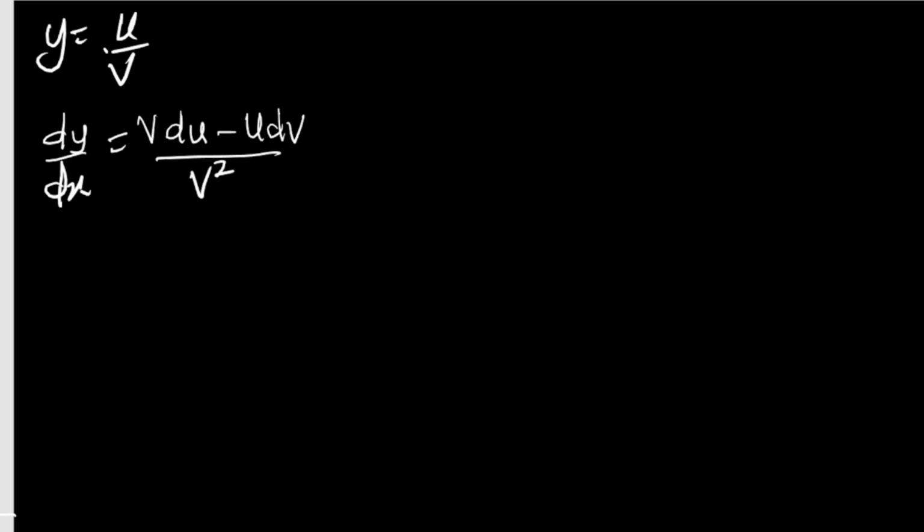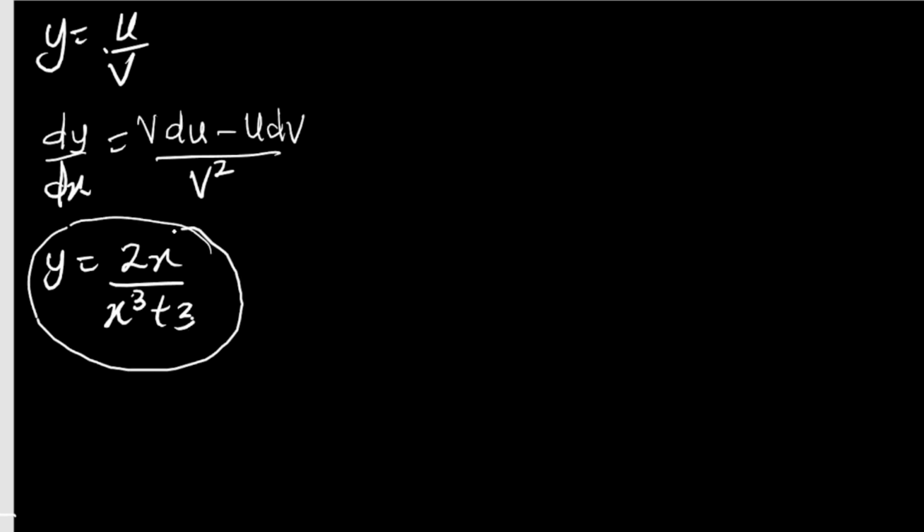Now let's assume we were given a particular question, that is y equals 2x divided by x cubed plus 3. Looking at this, you realize that we are dividing, so the upper one should be our u and the denominator should represent our v. So u is equal to 2x.